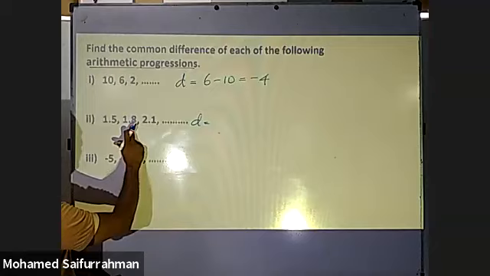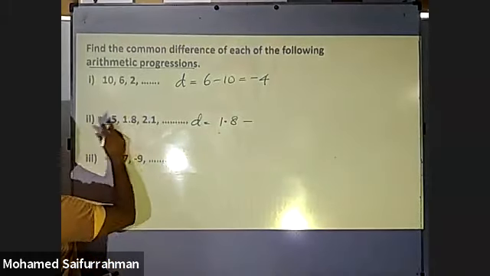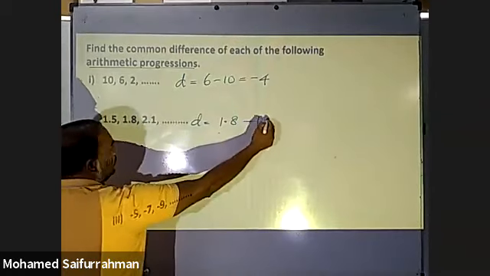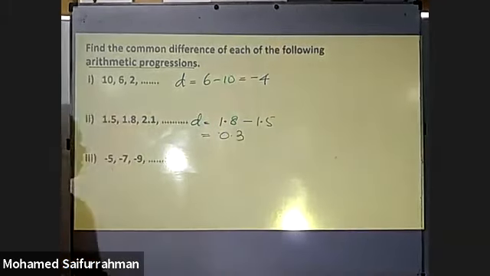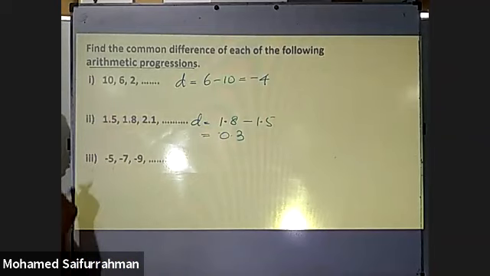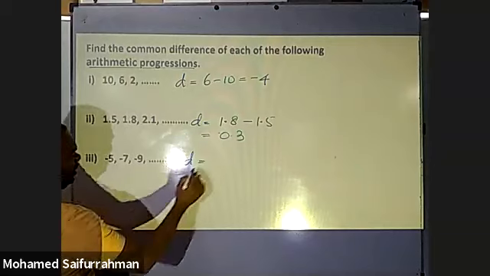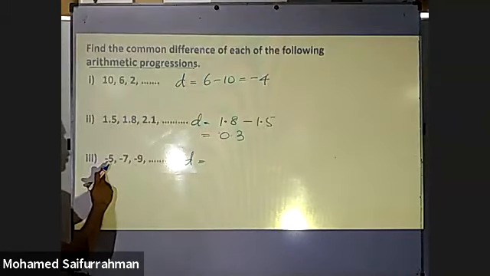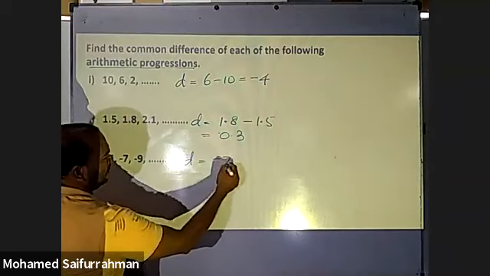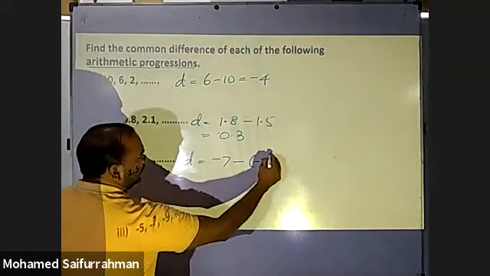Here the common difference is 1.8 minus 1.5, so 0.3. Here the common difference is the second term minus the first term: minus 7 subtract minus 5.